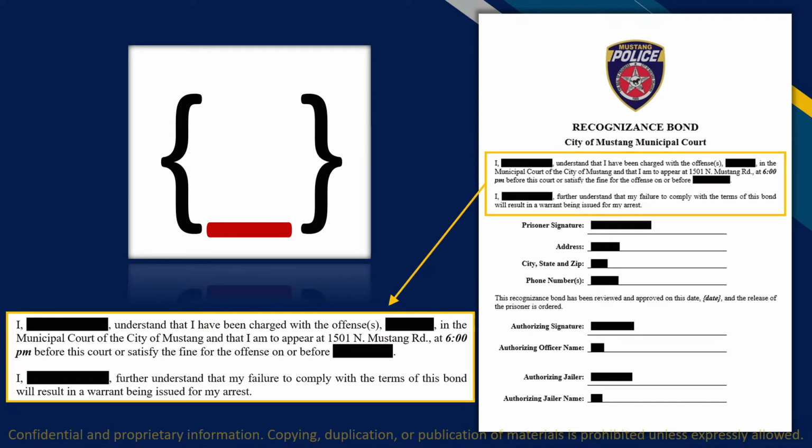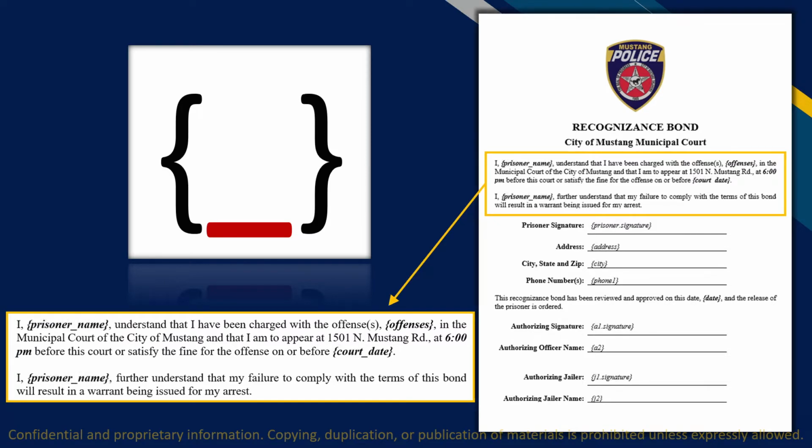So on a municipal recognizance bond, for example, all of these black squares represent things that I'm going to need to fill out from the system, things that are going to have to be required. So I can build the form, make sure that I put those tags where I want them, and the data from the system is going to go in there. So we'll get into that in just a little bit. But the tags are basically data coming from the system. So you just think about making your form for what you need, fill it with those tags.